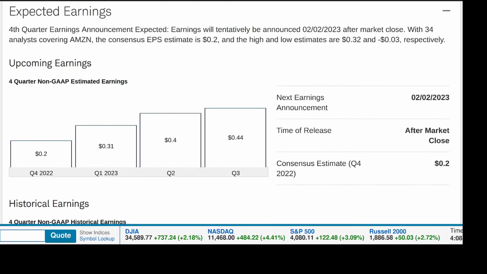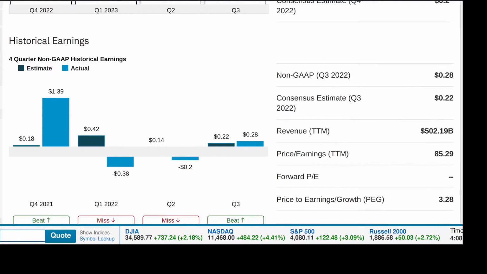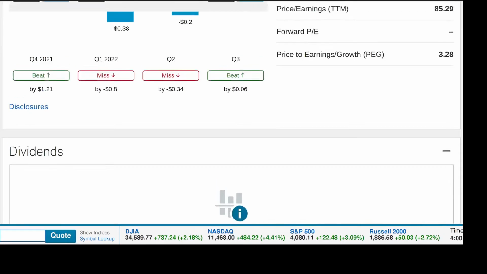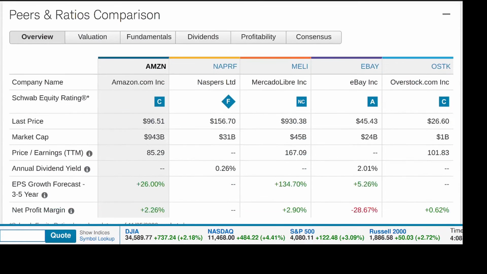So you have earnings details here, upcoming earnings, historic earnings, revenue data, price earnings. This is the part I like that Vanguard doesn't have. You've got a competitor group or peer groups. You can compare the price earnings ratio from Amazon to eBay to Overstock.